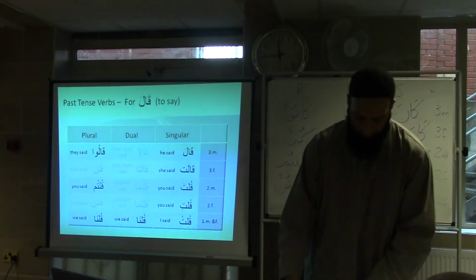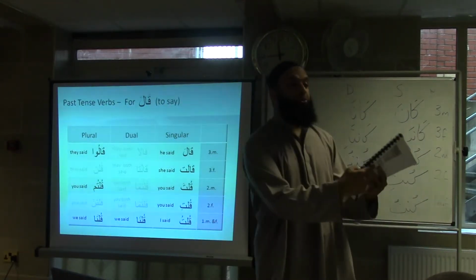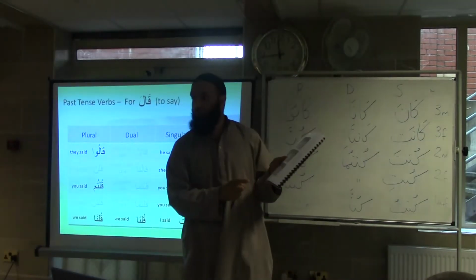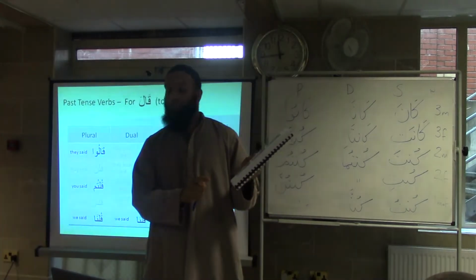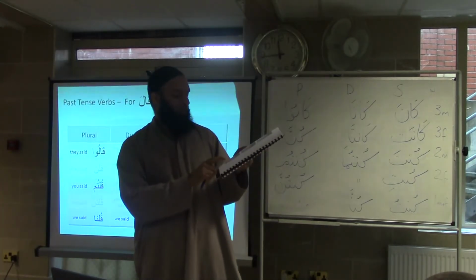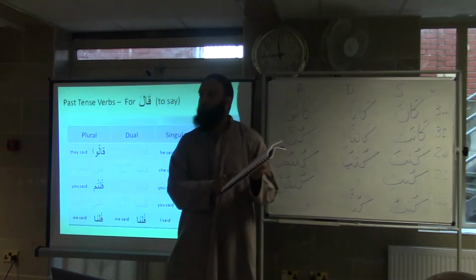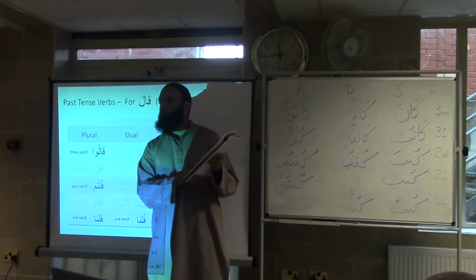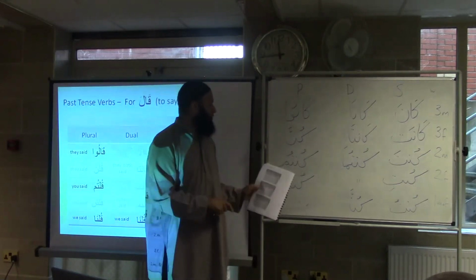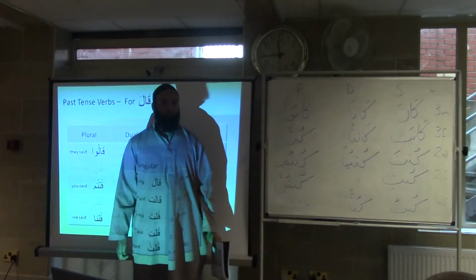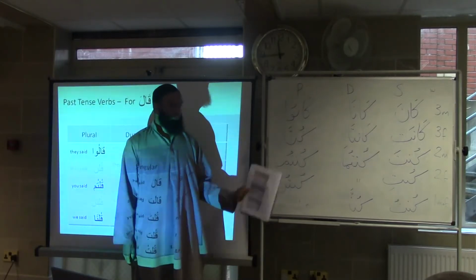We have to correct it. So basically, the bottom table on page 62, kuntu, for 2M plural, it's supposed to say kuntum, but it says qultum, yeah? So you just need to change that to this one here, kuntum.